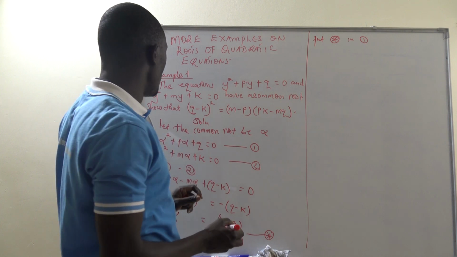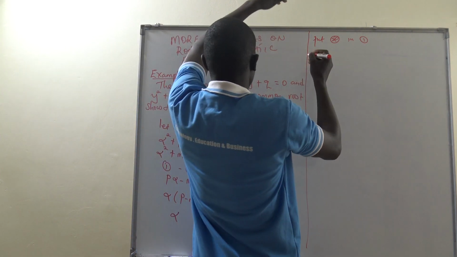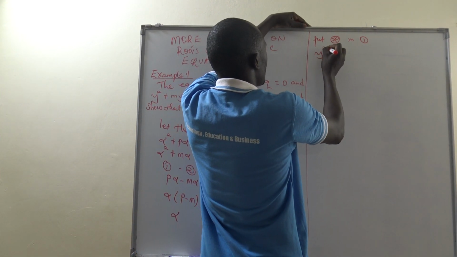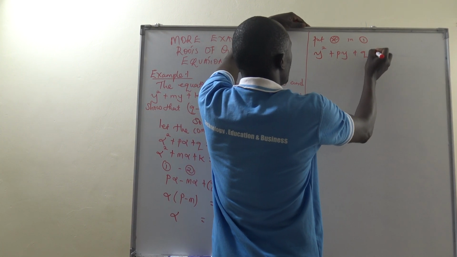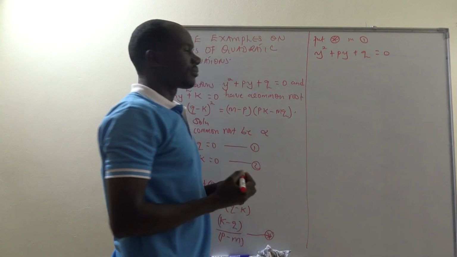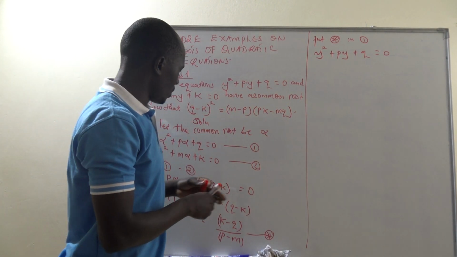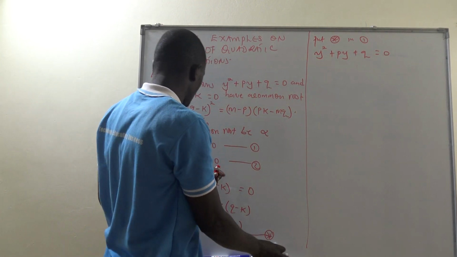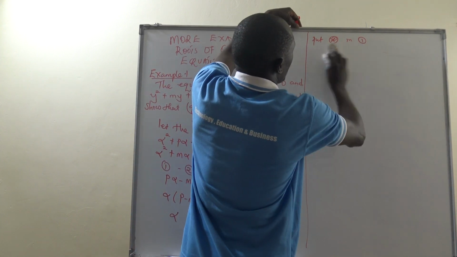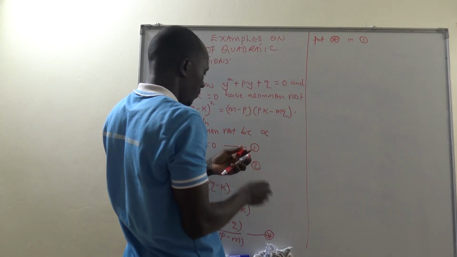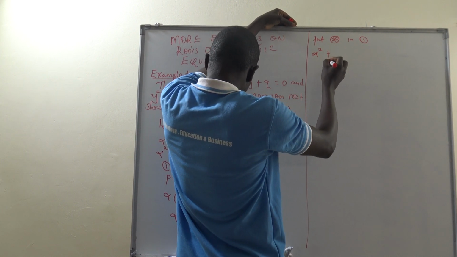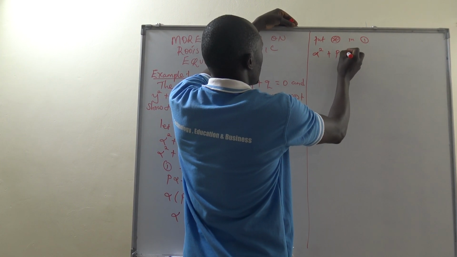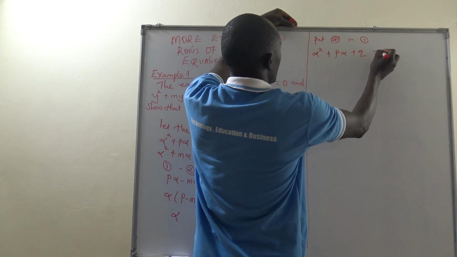Equation 1 is in terms of alpha: alpha squared plus p alpha plus q equals 0.